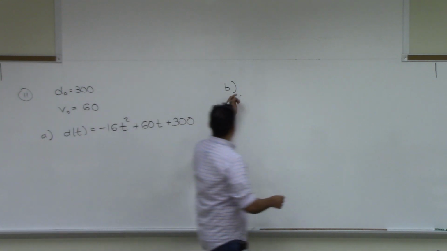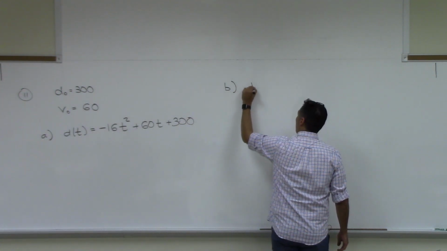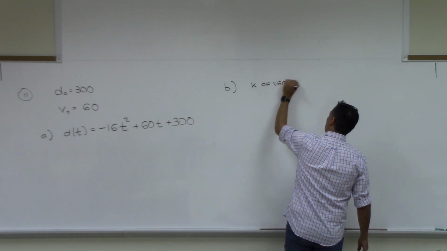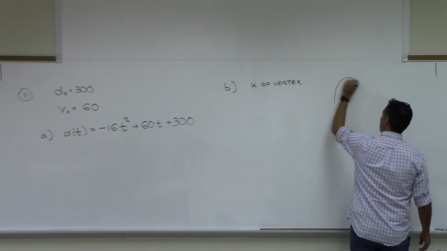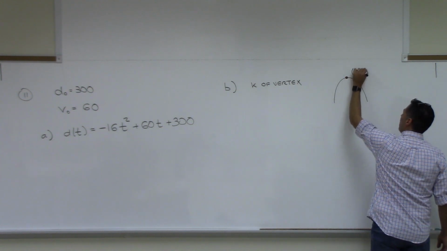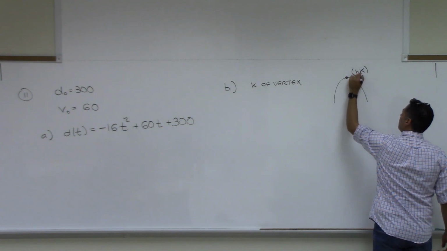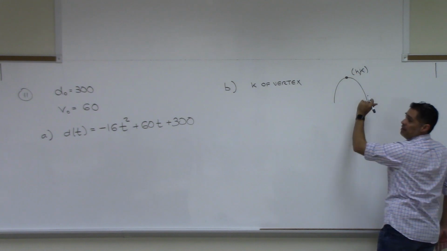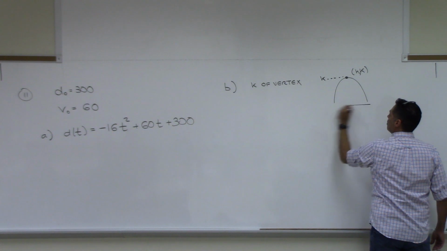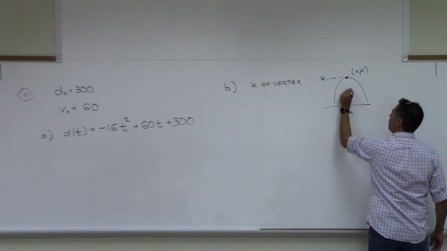I'm just going to put that here. For this part, I want the K of the vertex. I'll draw a picture too. It's like we have this point, H, K, and K is the height, H is, hold on, H is this right here, right?